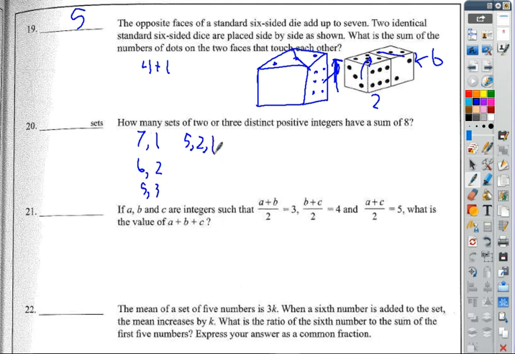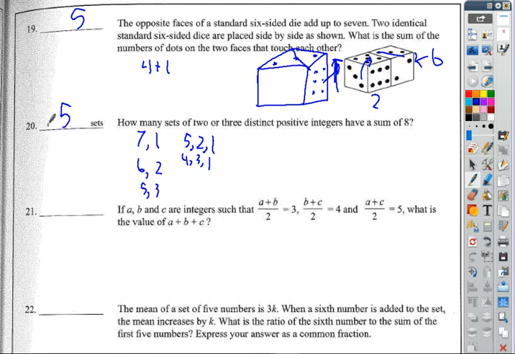And next, if I have 4, I could have 4, 3, 1. But if I have 3, then I would have to have 3, 3, and 2, or something else that I've already used. So these are the only 2 groups of 3 that add up to 8 that are distinct. So that gives you a total of 5 sets.